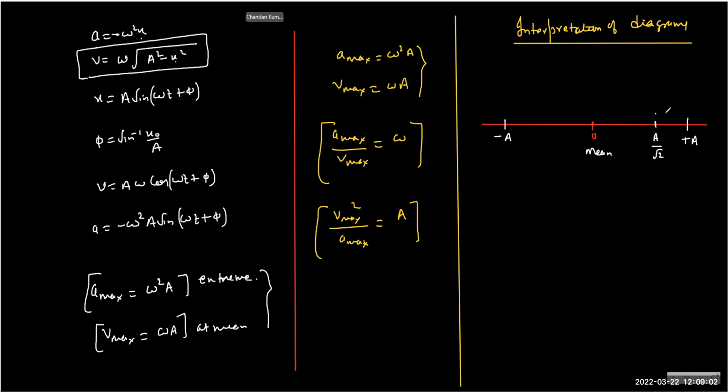So it goes from here to here. That will be the next question. So if at t equals to 0, you were at this location and you were trying to move towards right, towards the extreme position, then at any instant of time t, what will be the x value? Think about it.